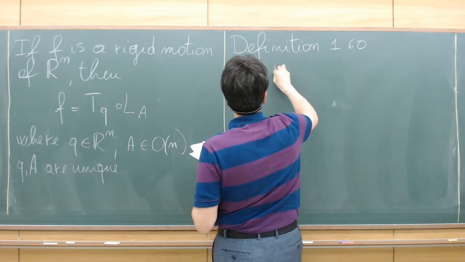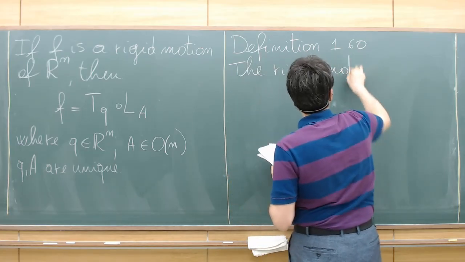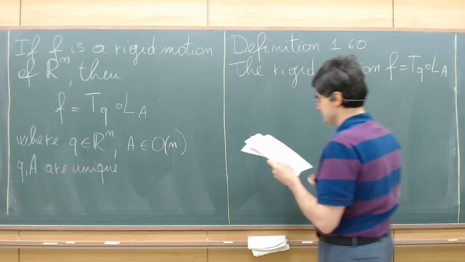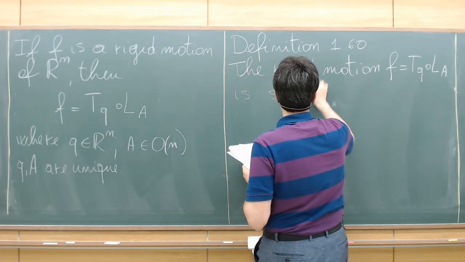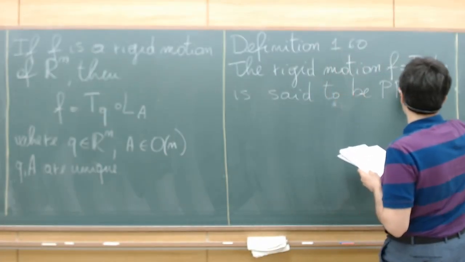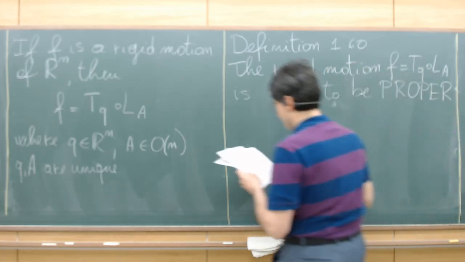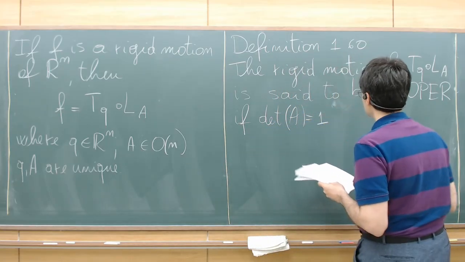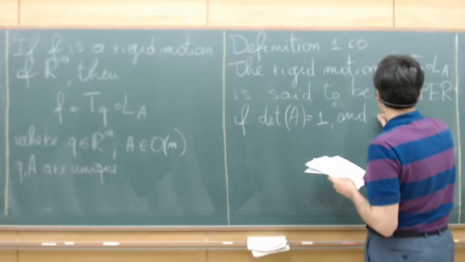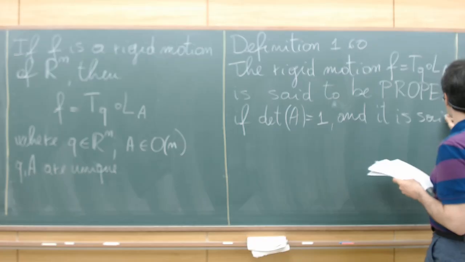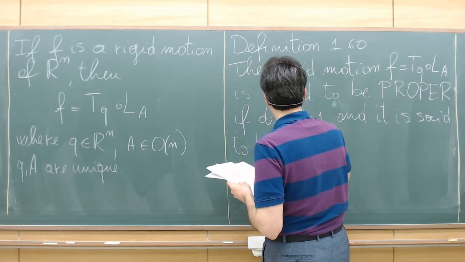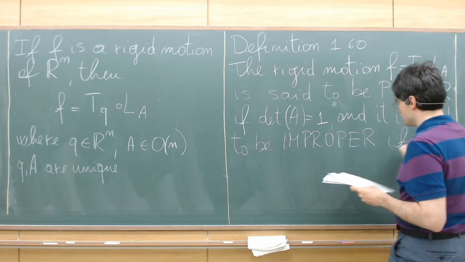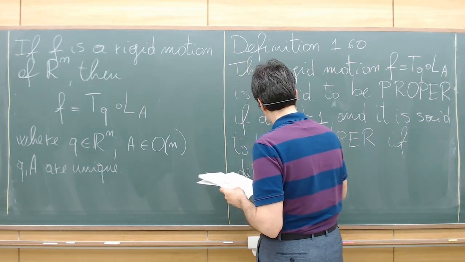The rigid motion F equal P_Q composed with L_A is said to be proper if the determinant of the matrix A is 1, and it is said to be improper if the determinant of A is negative 1.